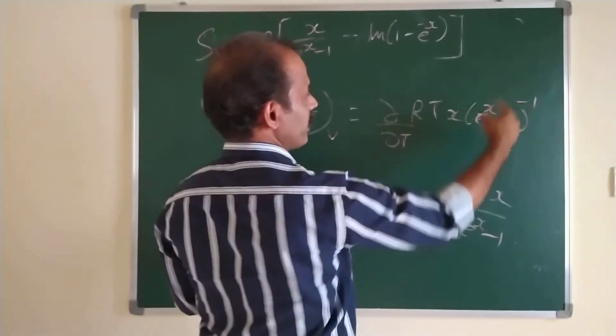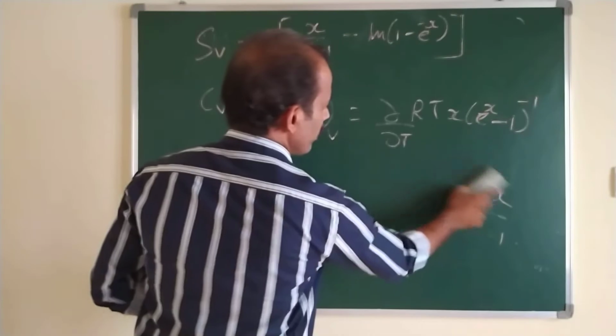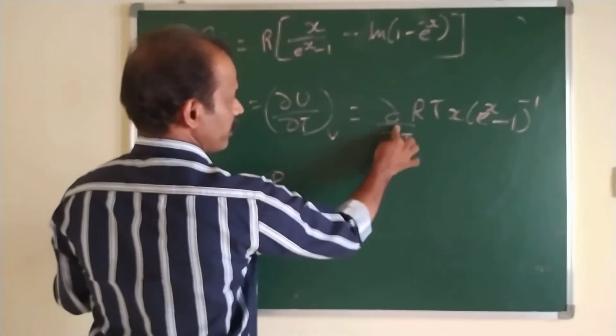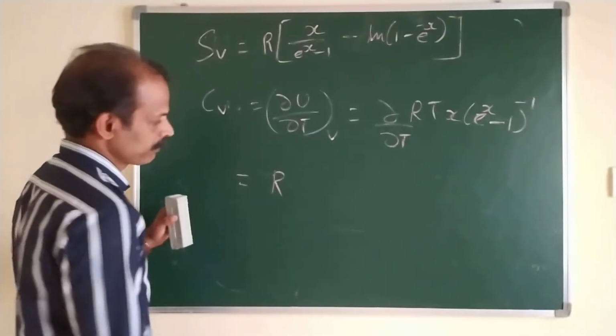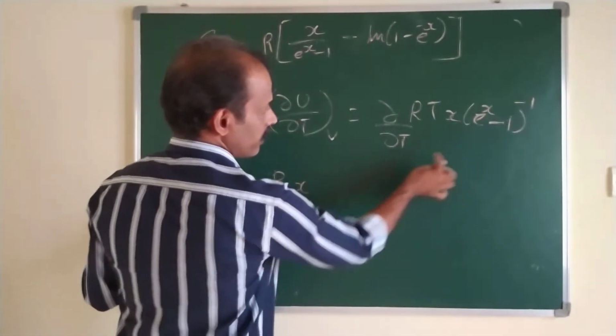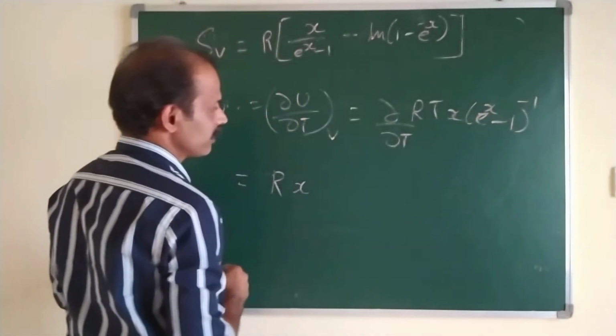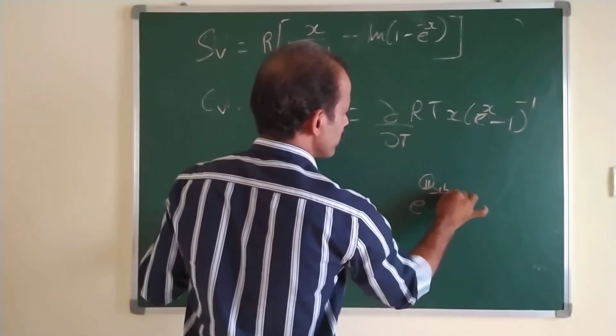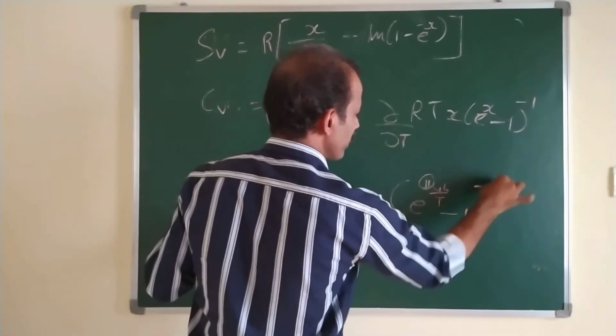On differentiation we get R, this RT becomes R, into x into e raised to theta vibration by T minus 1, all raised to minus 1.